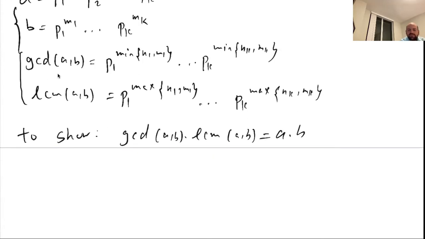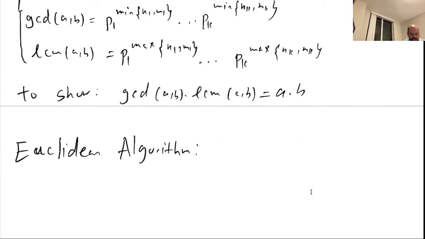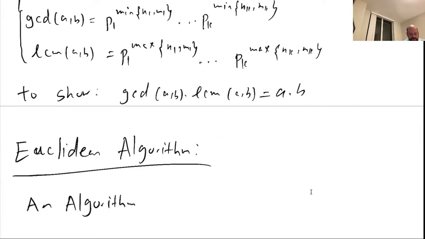Okay, now the next thing we want to look at is the Euclidean algorithm. This is an algorithm to find the GCD of two numbers.